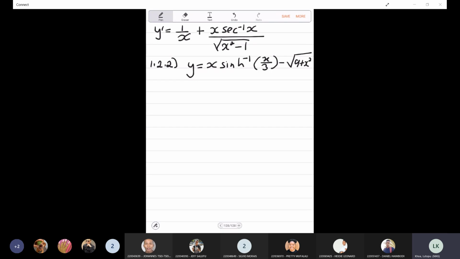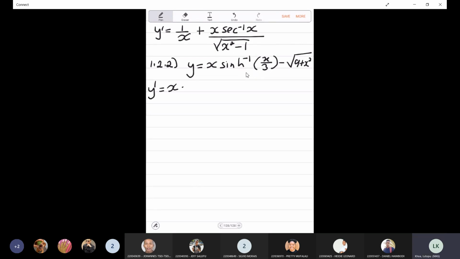Okay, to find this derivative, for the first part, we will have to use the product rule, and then this one we just differentiate it as we always do. So y prime, this is x the way it is, and then we multiply by the derivative of sine hyperbolic inverse of x over 3.